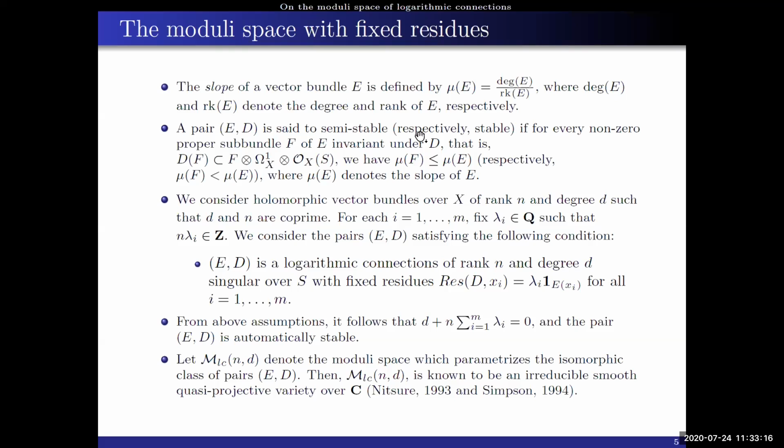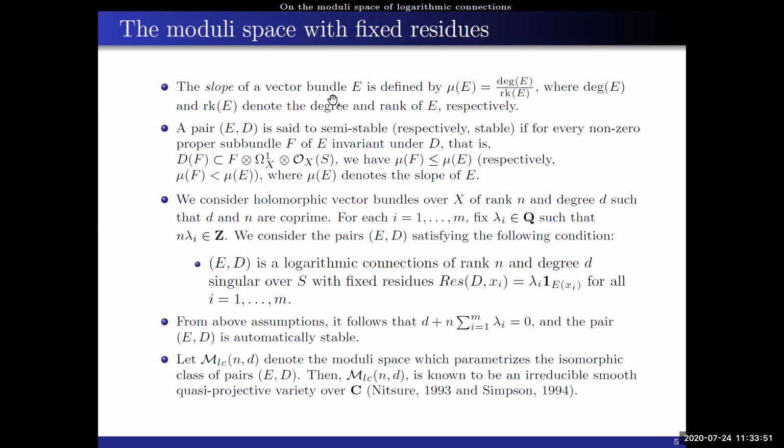A pair (E, D) is said to be semi-stable, respectively stable, if for every non-zero proper subbundle F of E which is invariant under D, that is, D maps sections of F into F tensor Omega^1_X tensor O_X(Z), we have mu(F) less than or equal to mu(E), respectively mu(F) strictly less than mu(E), where mu(E) is the slope of E for the stable one.